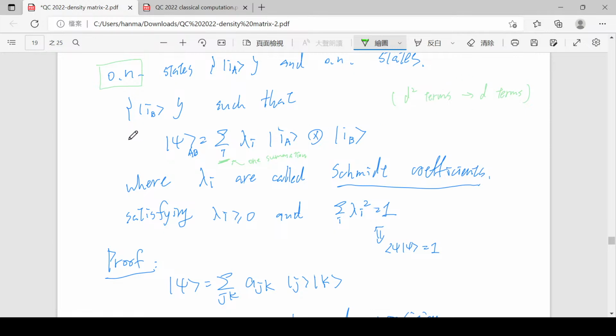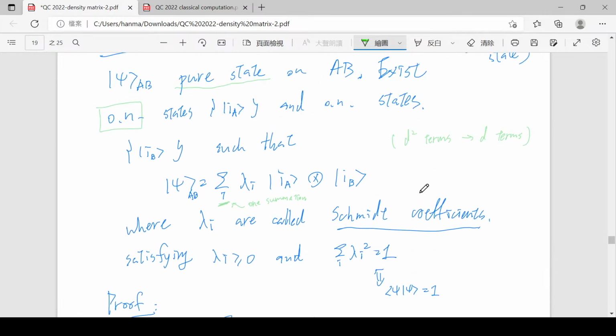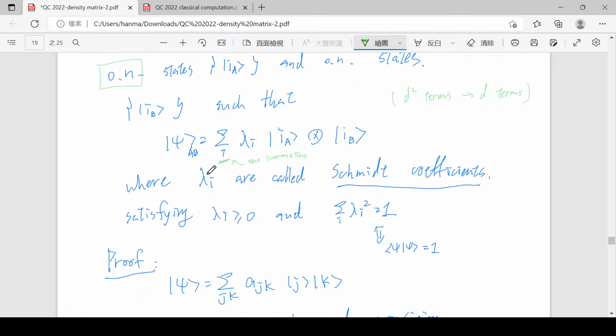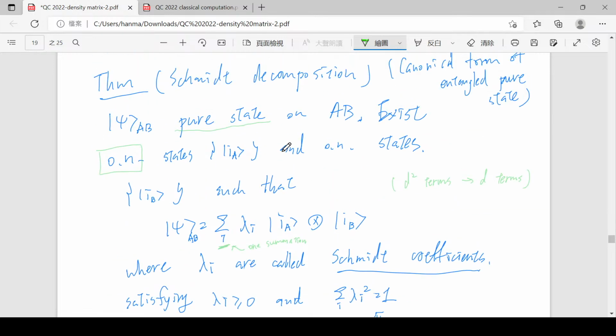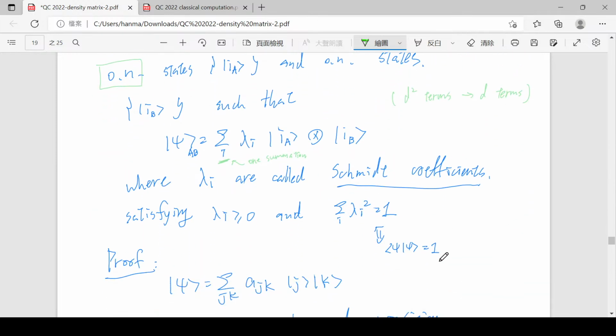And the important thing here is that this summation over i is the same over all three registers. So we are just summing over one i. And that's different from what you usually write for an entangled state, right? Because for an entangled state, let's say both system A and system B are d-dimensional, then usually you will write your state like this, right?